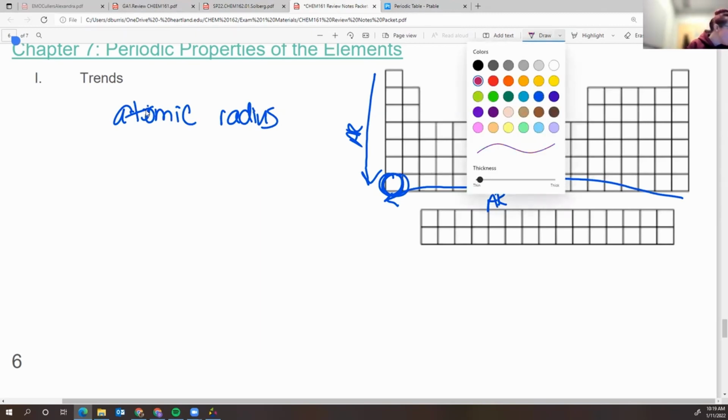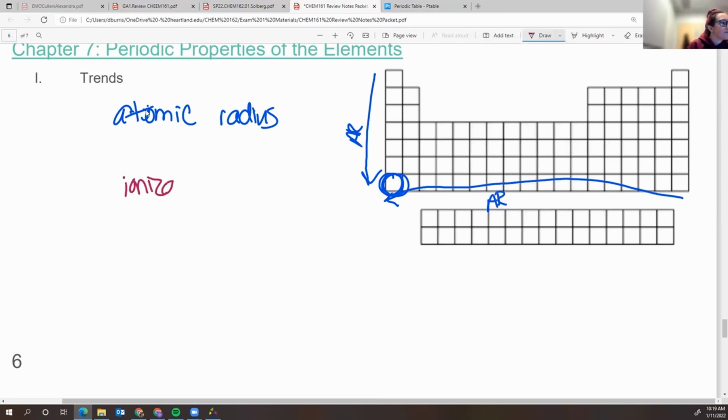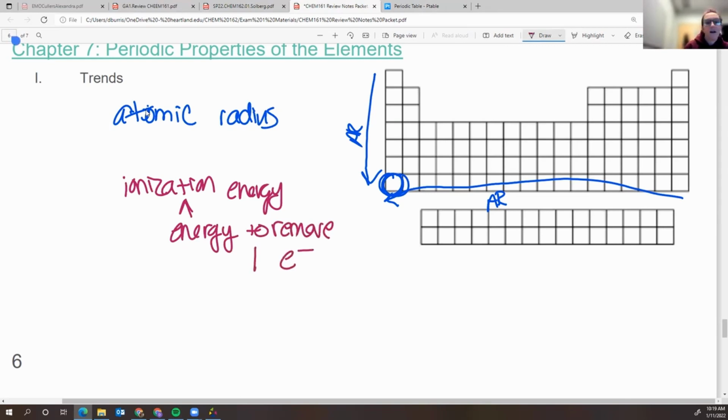All right, I'm going to change my color really quick. Atomic radius. Now we also need to know ionization energy. Now, what is that? That is the energy to remove 1 electron. Okay, second ionization energy would be the energy to remove a second, and so on and so forth. Completely opposite of radius, right?